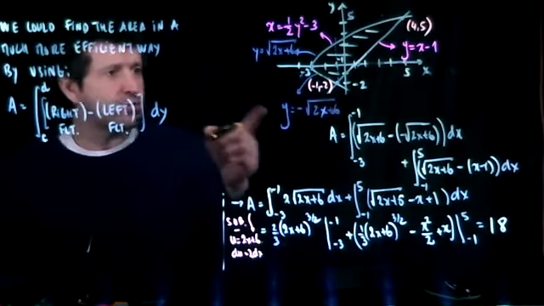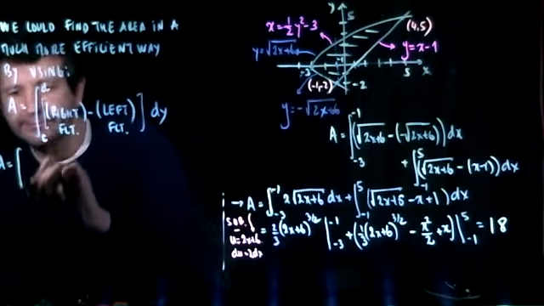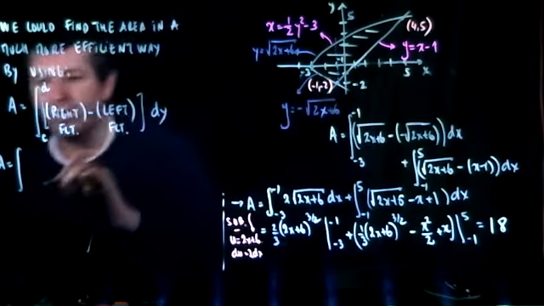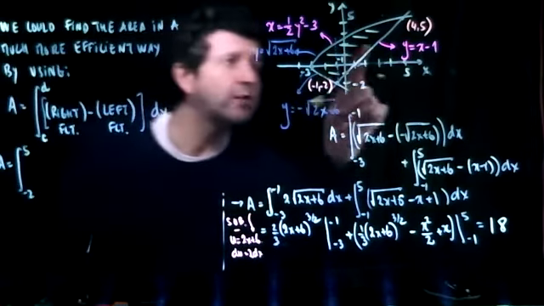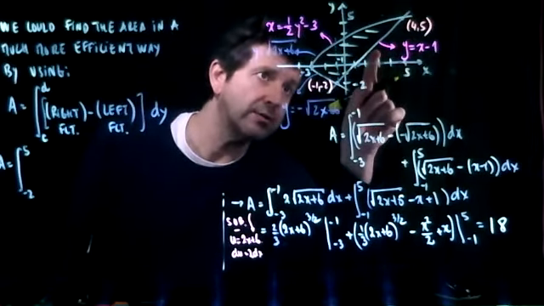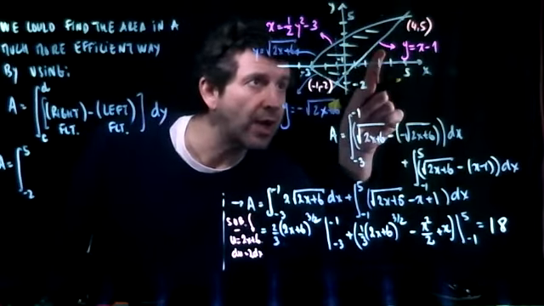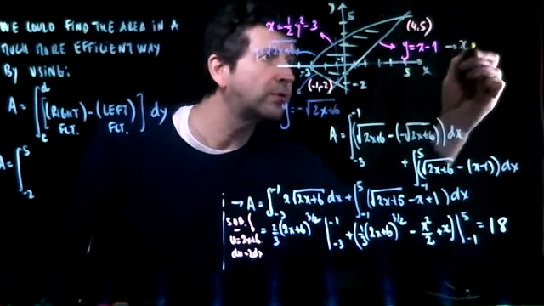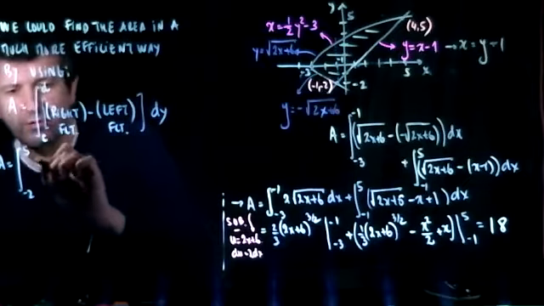Okay, how does this translate in our problem? Well, y is from, like I said, -2 until 5. The right function now is the straight line. What's on the right? It's a straight line. What's on the left is the parabola. So on the right, I have x equal to y plus 1. That's my right function.